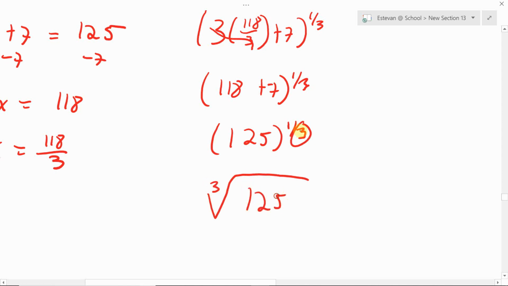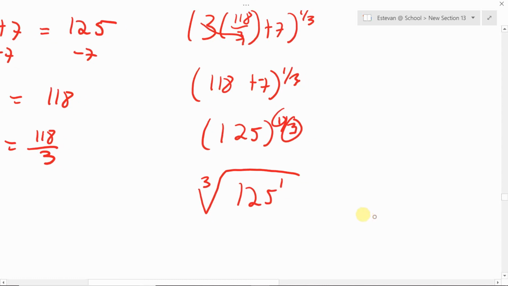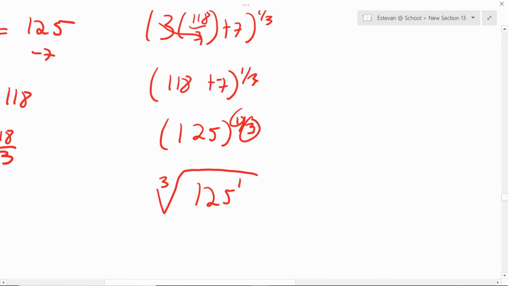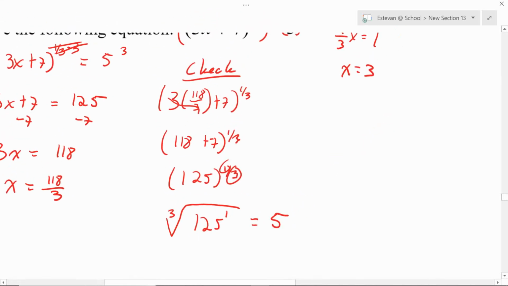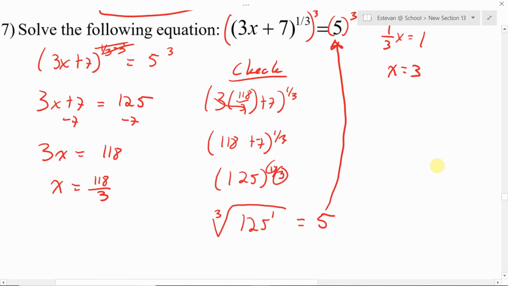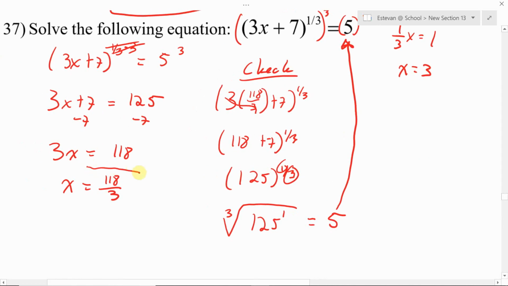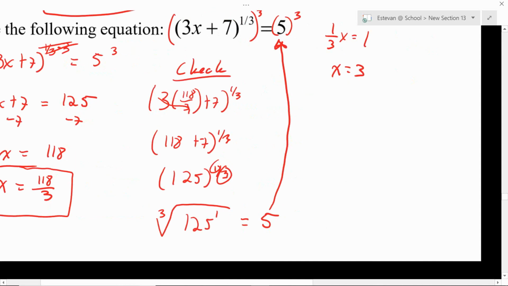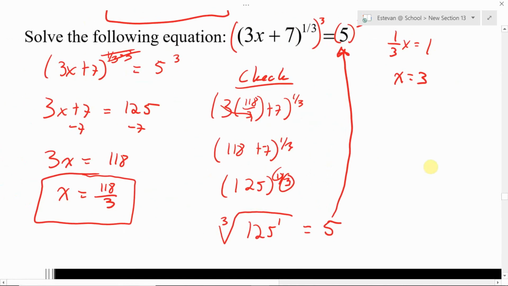The numerator is the exponent inside the radical. The cube root of 125 is 5. As you can see here, since they match, that means x is equal to 118 over 3. And that completes KC9.